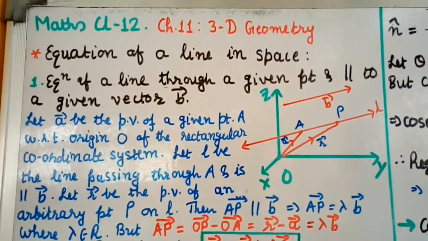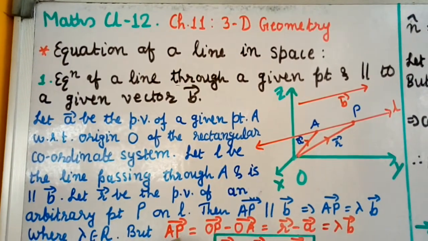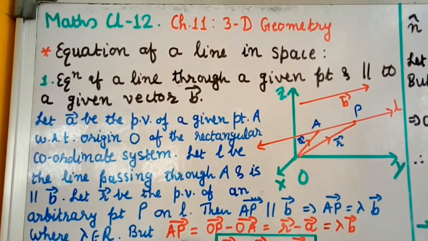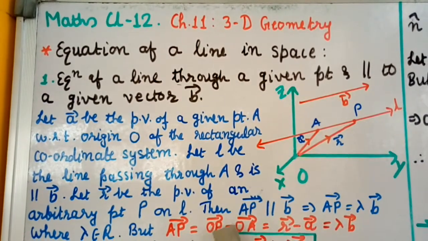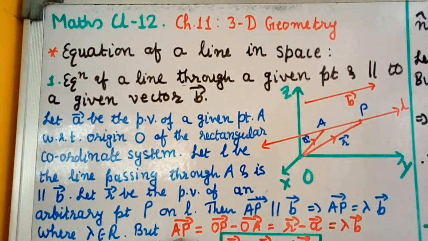Lambda belongs to R. But AP, we know AP means position vector of P minus position vector of A, that is, OP minus OA. This way we write the vector AP.